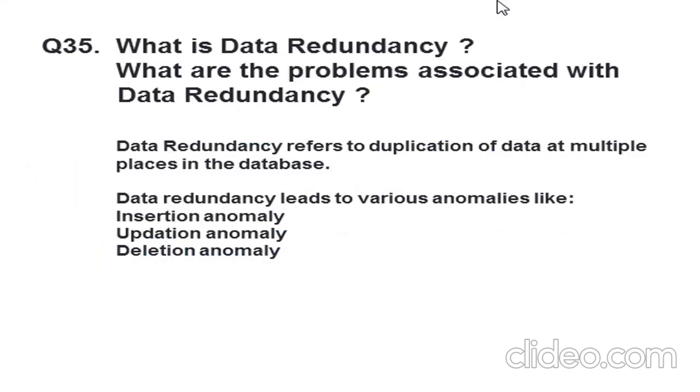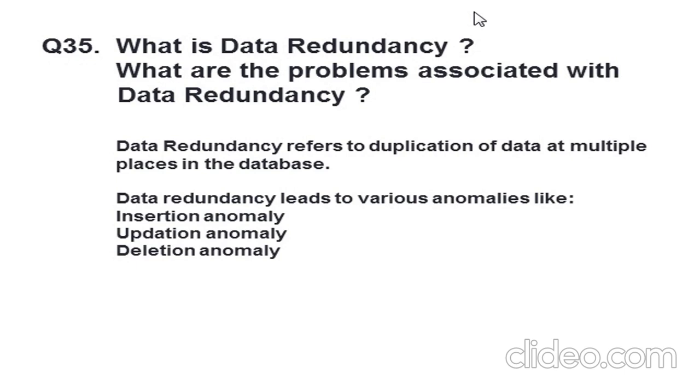What is data redundancy and what are the problems associated with data redundancy? Data redundancy means duplication of data at multiple places in the database. Duplication means repetition. If you are trying to repeat the same data at multiple places in the database, then it will lead to data redundancy.